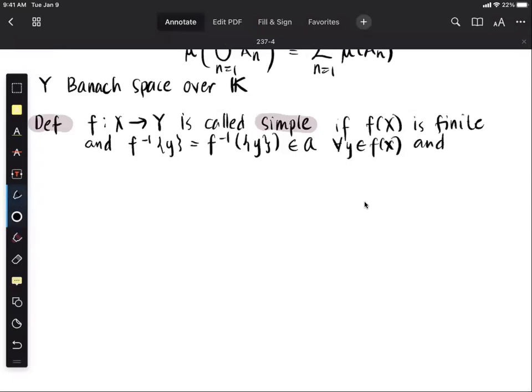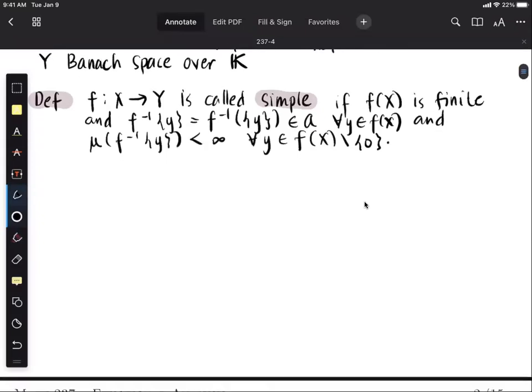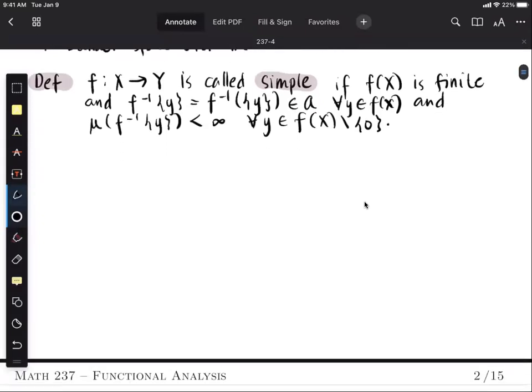And the pre-measure of this inverse image of the singleton y is finite for every y in the range except possibly 0. So that is what we mean by a simple function.